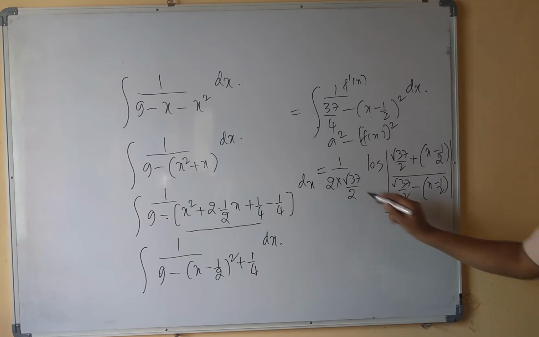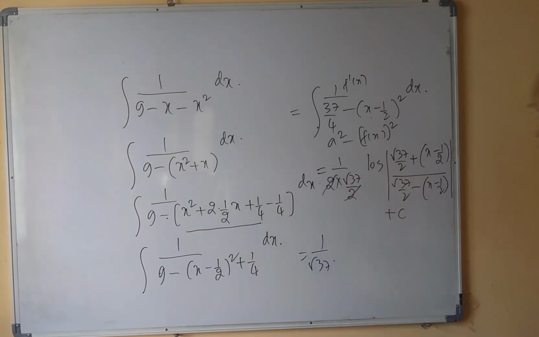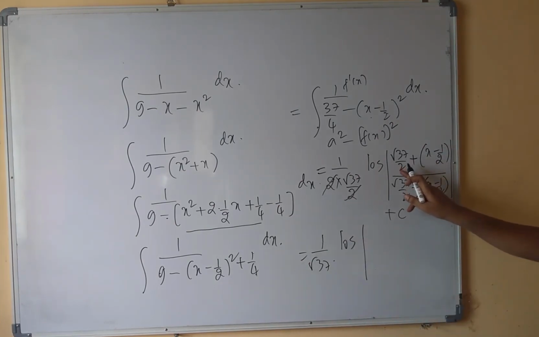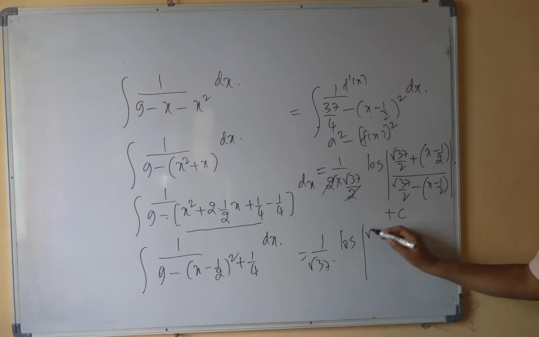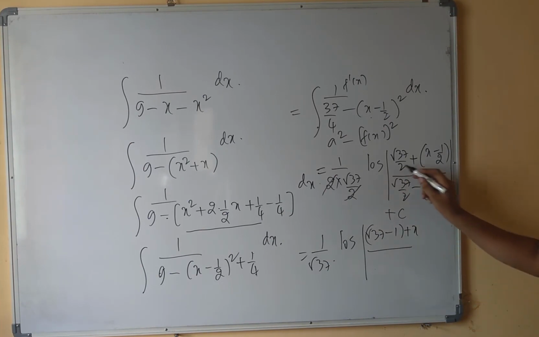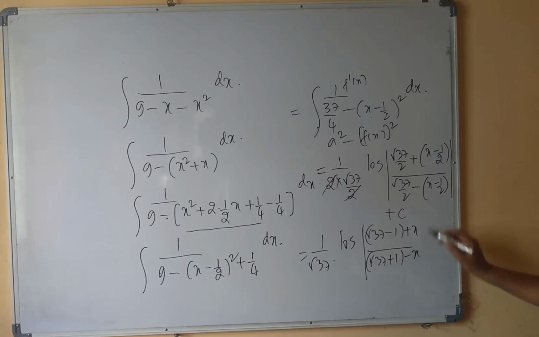The 2 gets cancelled. So 1 by root 37 log of, after the LCM, 2: root 37 minus 1 plus 2x, divided by, again the 2 gets cancelled after the LCM, root 37 plus 1 minus 2x. Plus c. So this is going to be the answer to the problem.